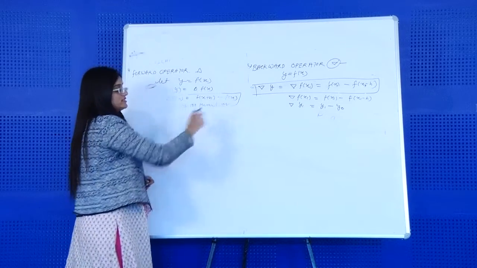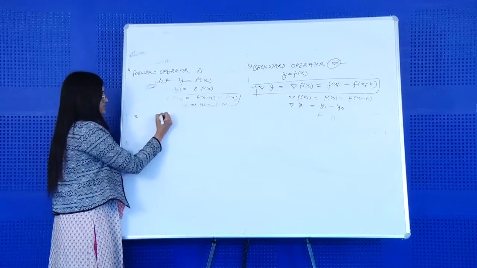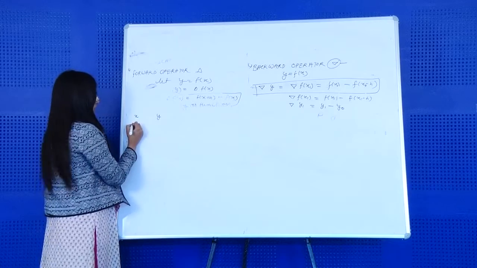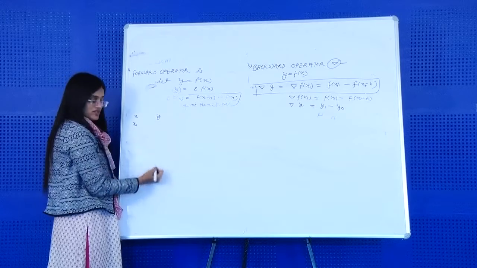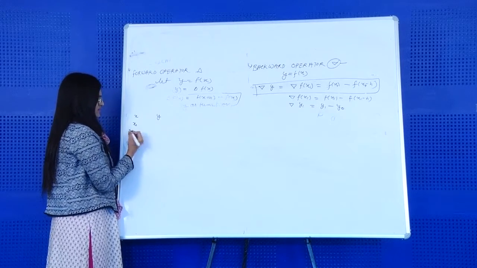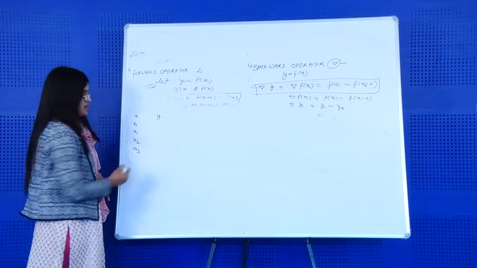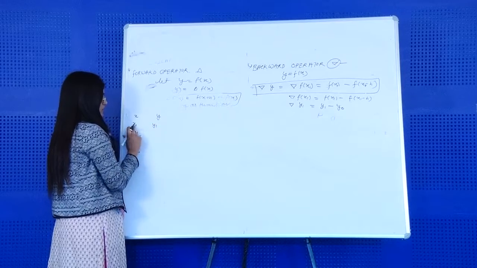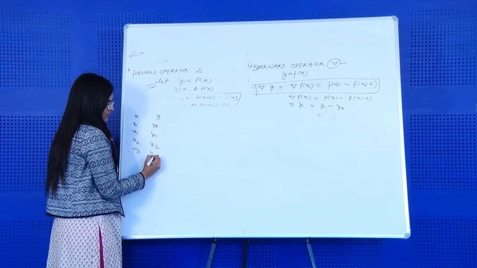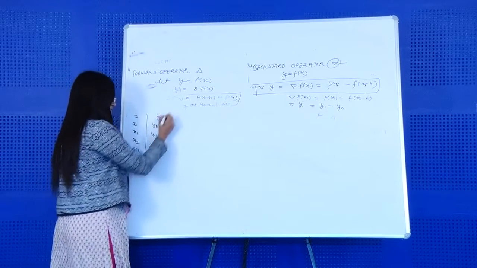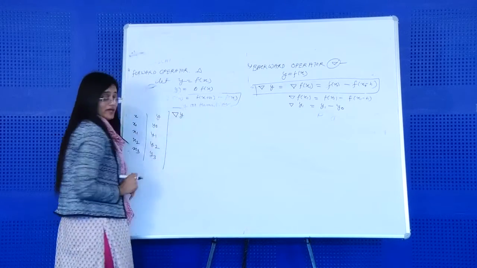If I explain this definition with the table, again I have to write the x column as well as the y column. x naught, x are the arguments and y is our function definition. So I take only 2 or 3 arguments. Similarly, the corresponding values of y are y0, y1, y2 and y3. And the first backward difference is denoted by nabla of y.